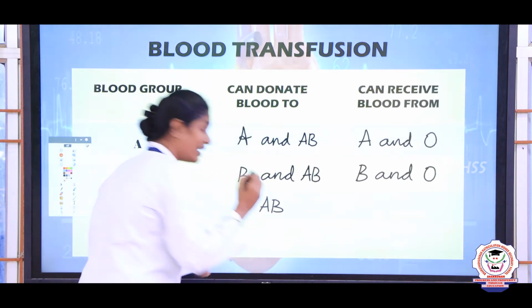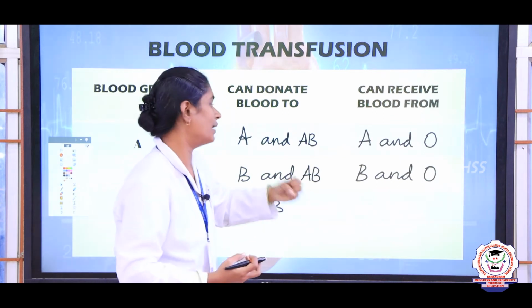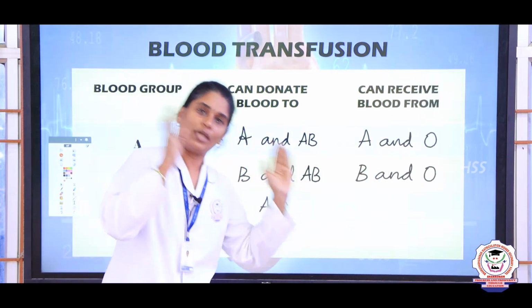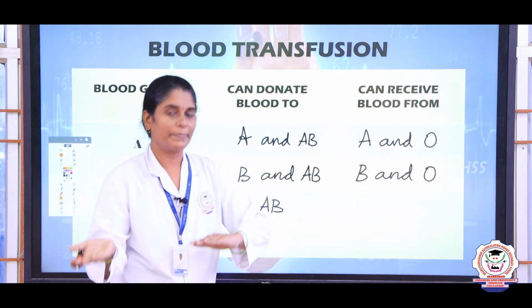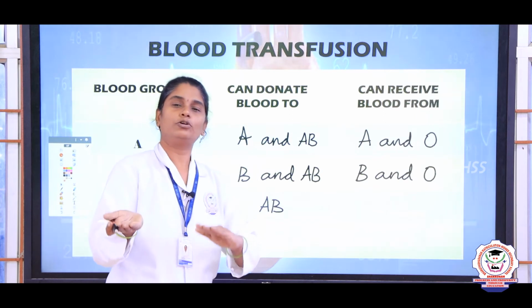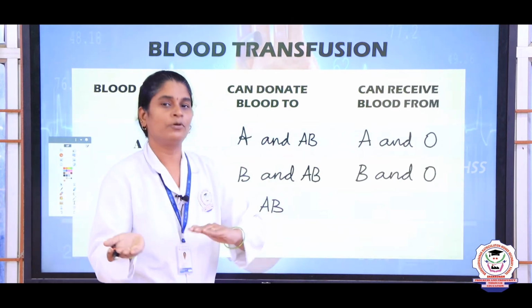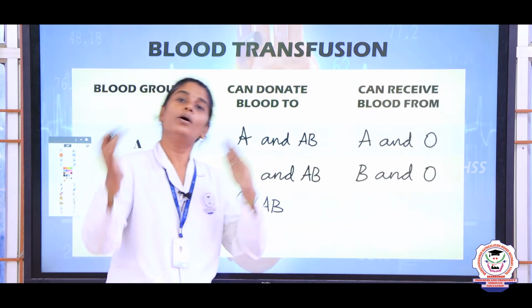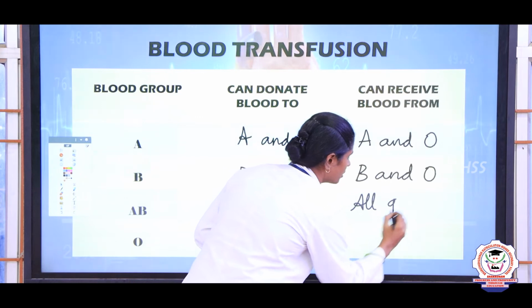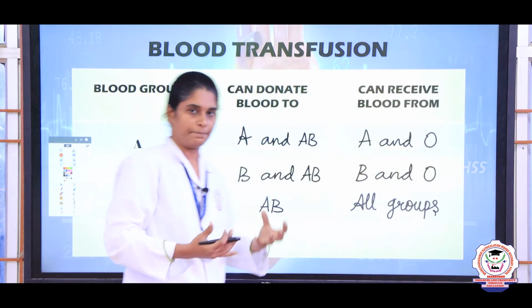But he can receive blood from all the groups. A blood group can give blood to AB blood group, B blood group person can give blood to AB, O blood group person can give blood to AB, and even an AB blood group person can give blood to AB blood group. So from all groups he can receive the blood.